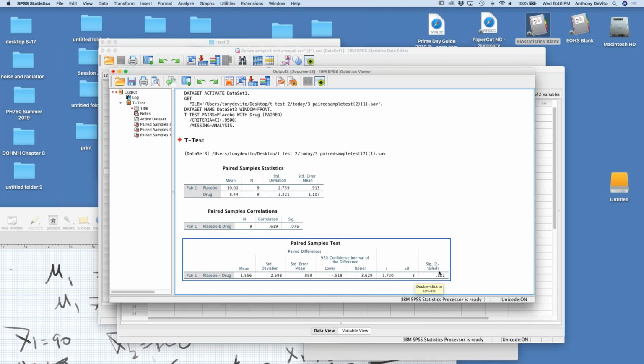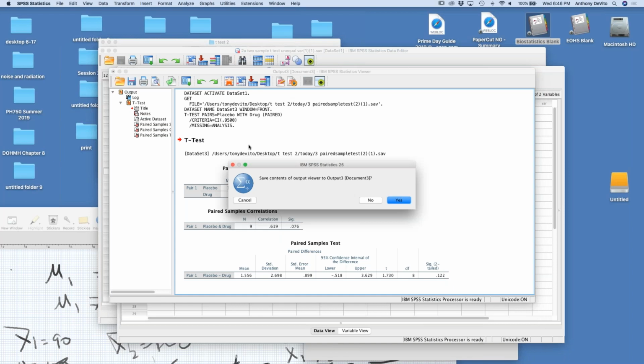That represents a probability of being wrong if we reject the null hypothesis of 12%. So our t-test tells us we don't have enough information to reject the null hypothesis and say that, even though the difference was 1.5, it's really different from zero with less than 5% chance of being wrong. So we fail to reject the null hypothesis.